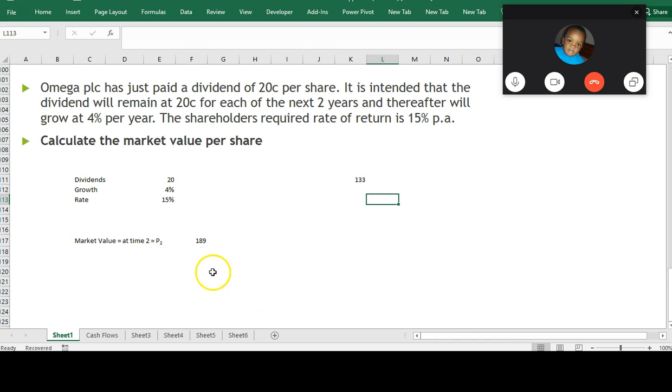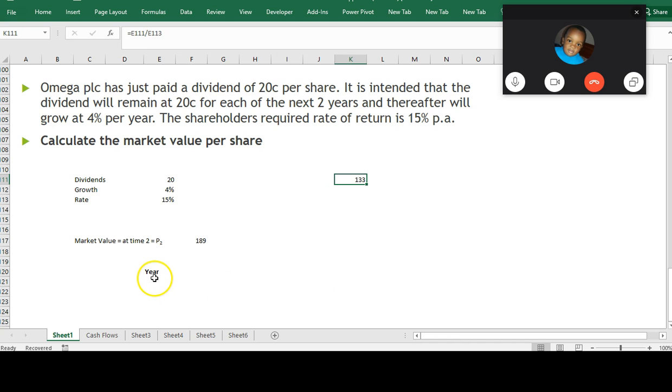You must understand one point: if there was no dividend growth, the market value was going to be 133.